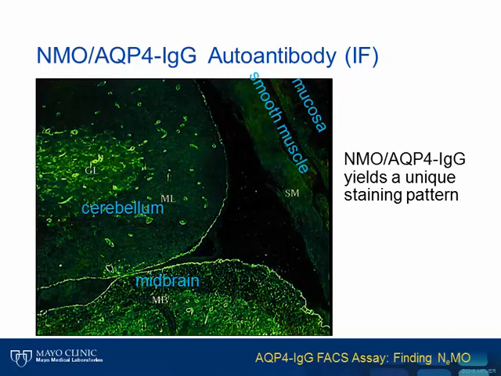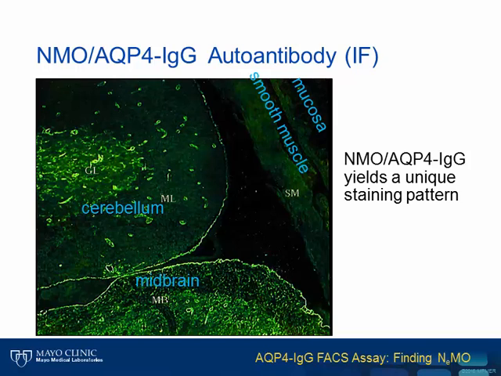Here we see a slide showing the immunostaining pattern of NMO-IgG, which is targeting the water channel. Here we're looking at a patient serum binding to the aquaporin-4 on mouse tissues. And here you can see mouse cerebellum, mouse midbrain, as well as the smooth muscle and mucosa, which are essentially negative.